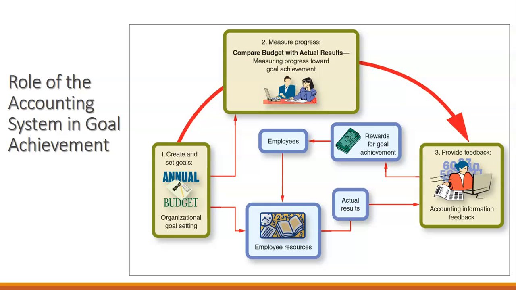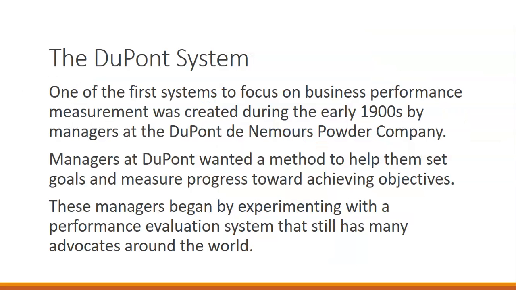We have several different measurement activities that we can do. We've already looked at variance analysis and we've looked at financial statement analysis. These are all different ways that we measure how a company is doing in order to determine if they're meeting their goals. Other ways that we can do this are with what's called a DuPont system.